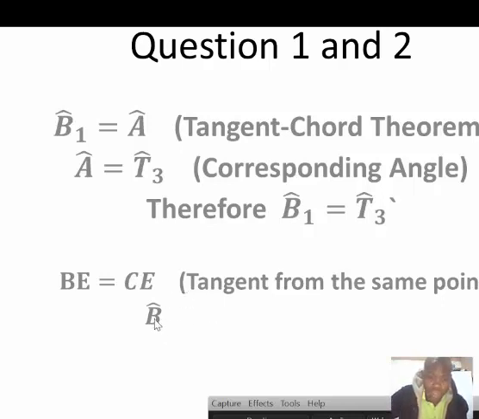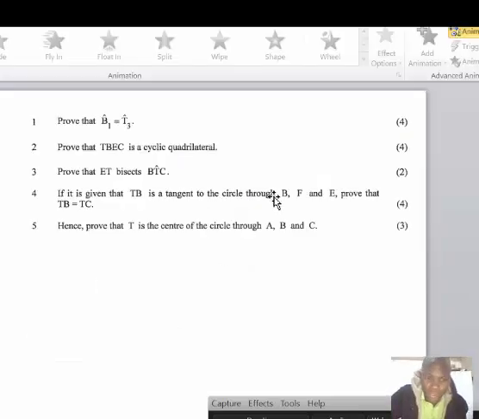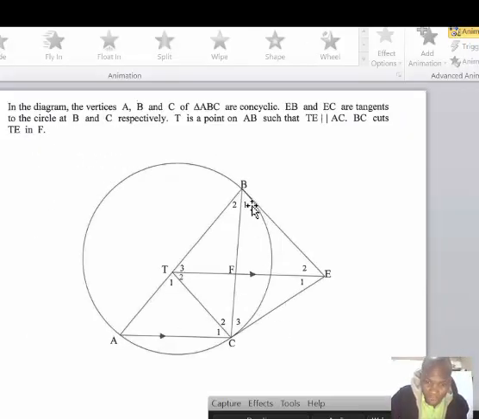And then you will also have to look at the fact that you have B1. Let's go back to it. Your B1 automatically becomes equal to C3.